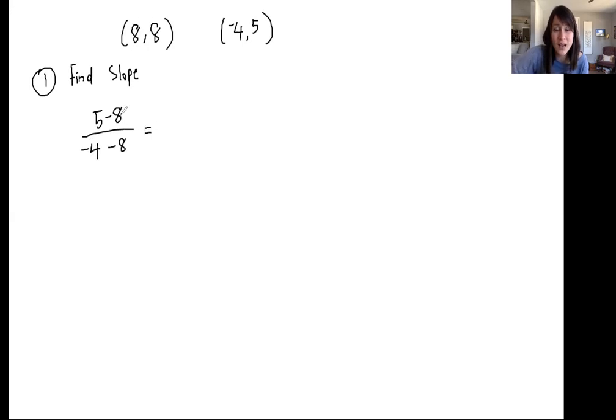Or I could do 8 minus 5, and then 8 minus -4. Either way is fine, as long as it's one whole point subtracting another whole point. So when I do this, this becomes positive 12, right?